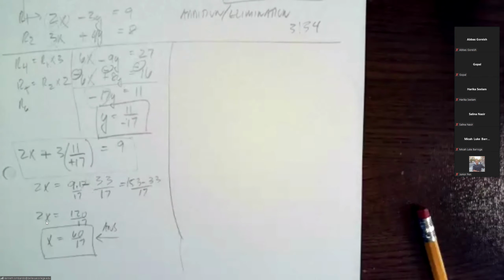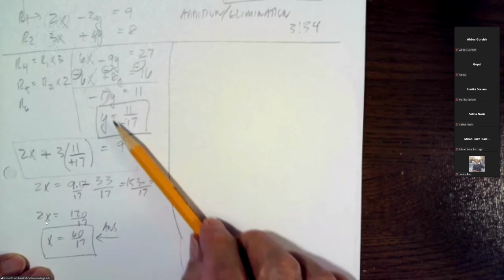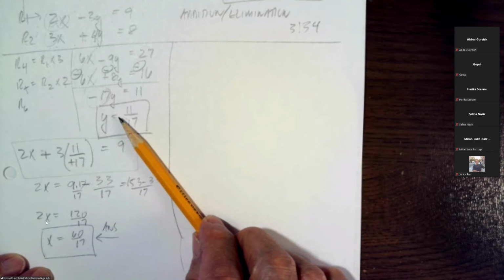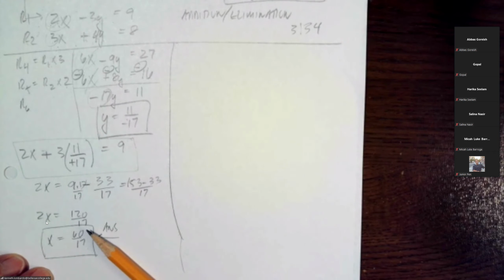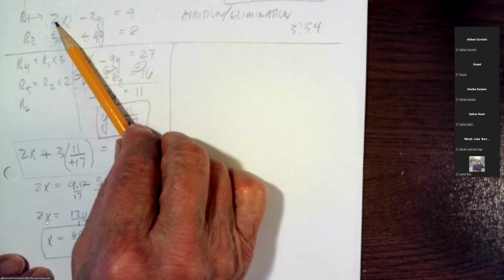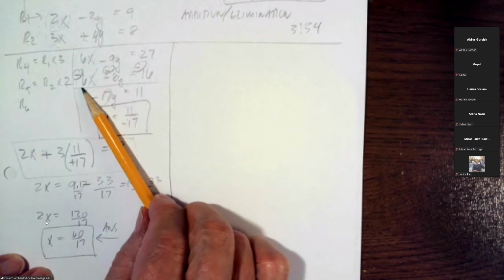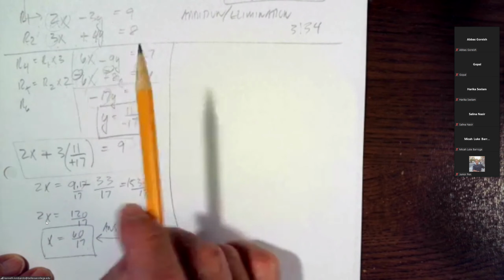Okay, everybody with us now on how we solve? First we solve for y, then we solve for x. We solve for y by multiplying row 1 by 3 and row 2 by 2. That gave us a leading value of 6 for both those equations.